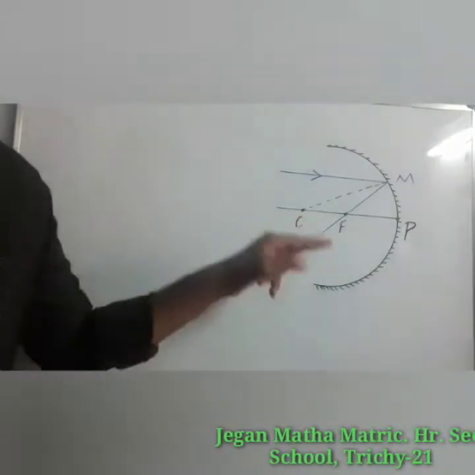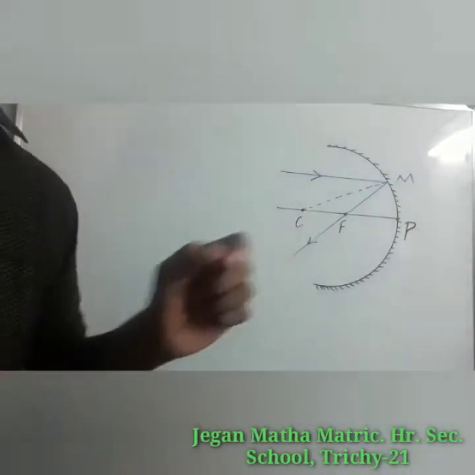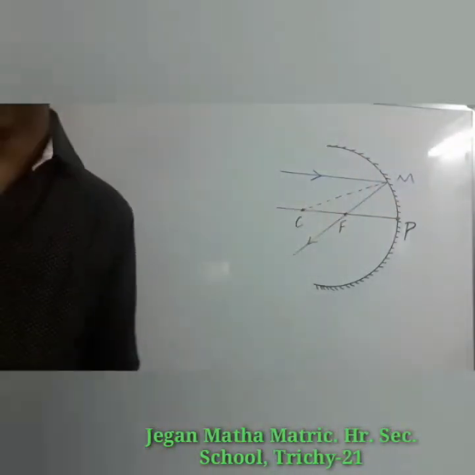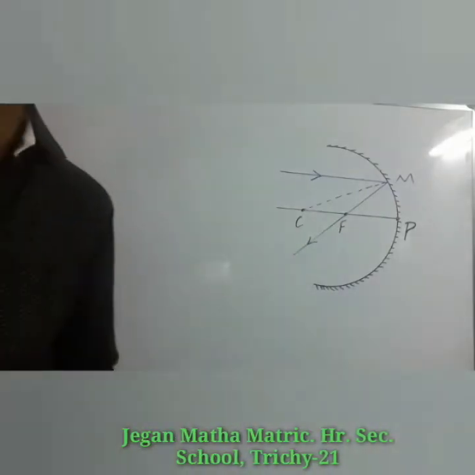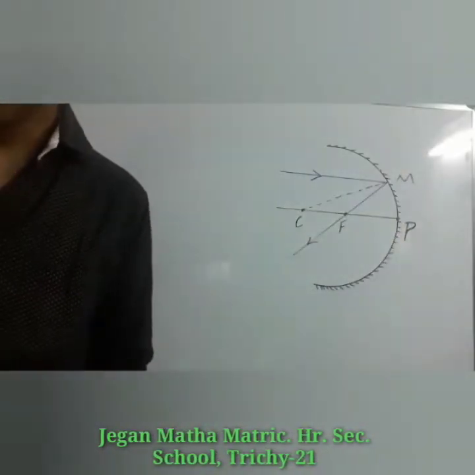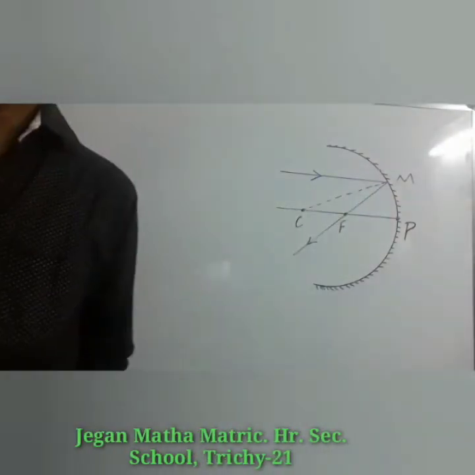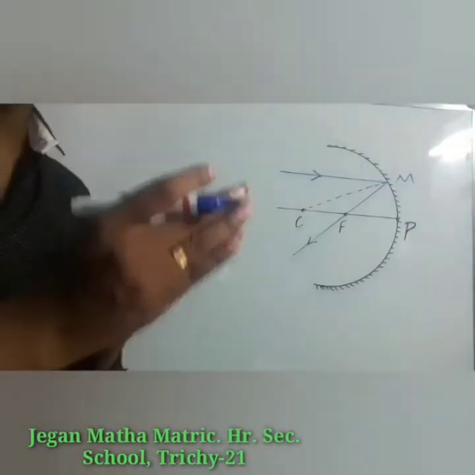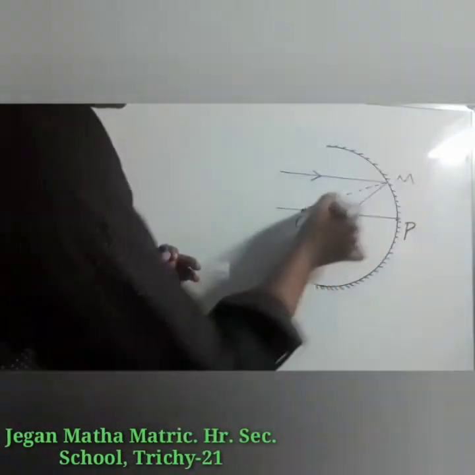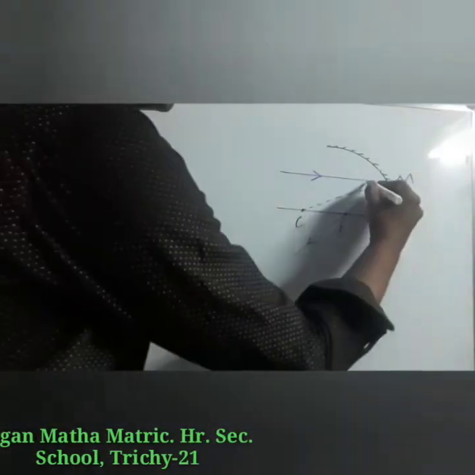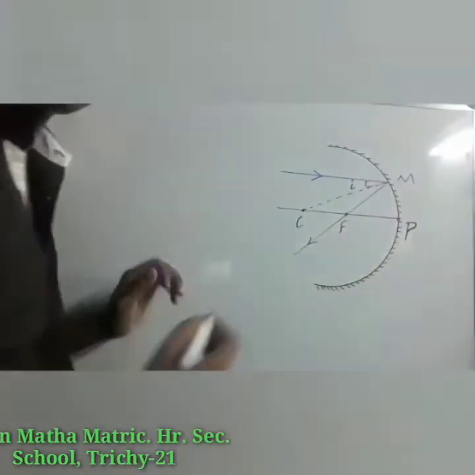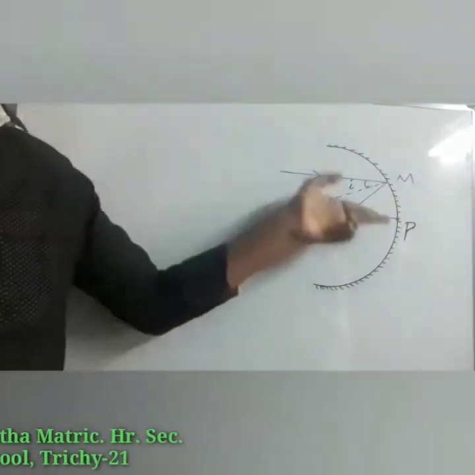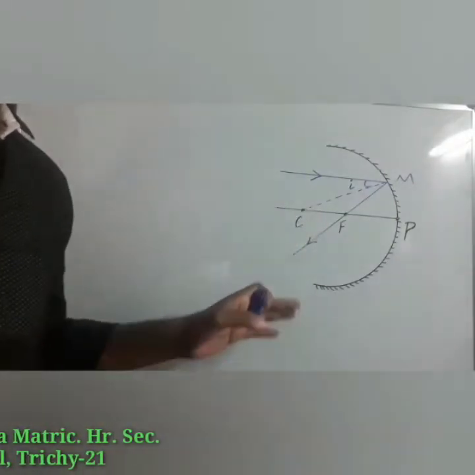Now I have included the line which joins the points C and M. The line CM is normal to the mirror at the point M. Let I be the angle of incidence. What is the angle of incidence? It is the angle between the incident ray and the normal. Now CM is the normal line, so here the angle is I. The ray which passes through the focus after the reflection is known as the reflected ray.